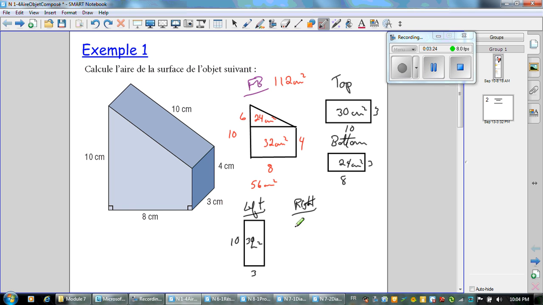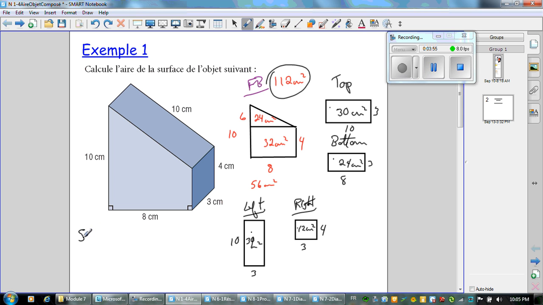That's the right side, which is just, oh, that's not a rectangle. It's more like a circle. There you go. There's your rectangle, and it has dimensions of 3 by 4, which gives me an area of 12 centimeters square. So that means that the total surface area would be 112 plus 30 plus 24 plus 12 plus 30.